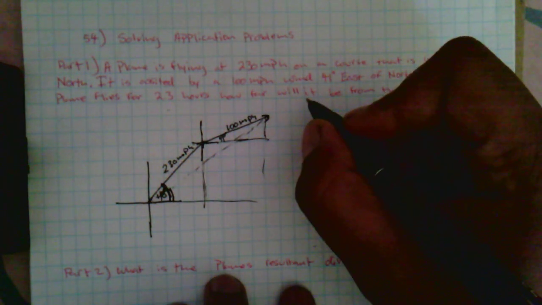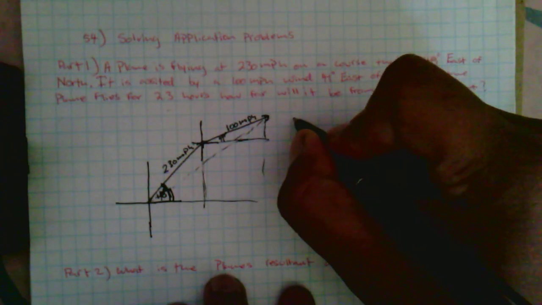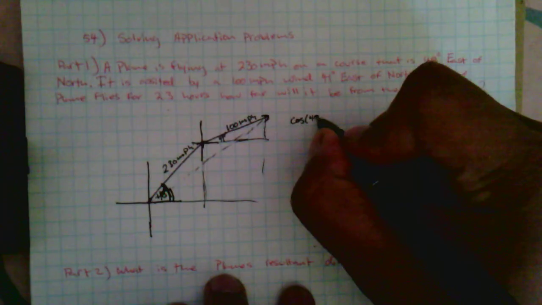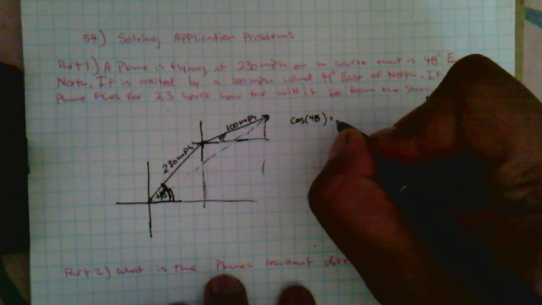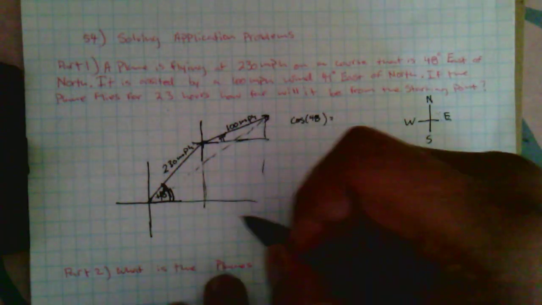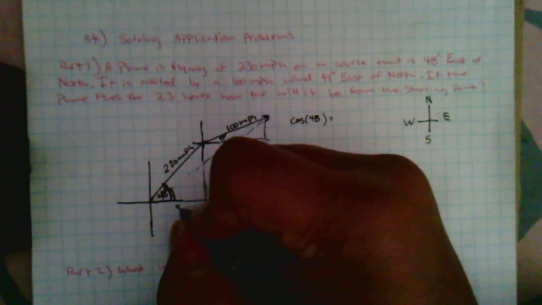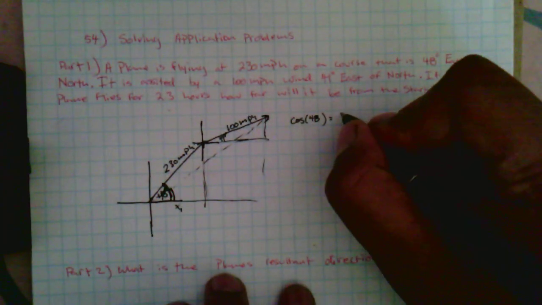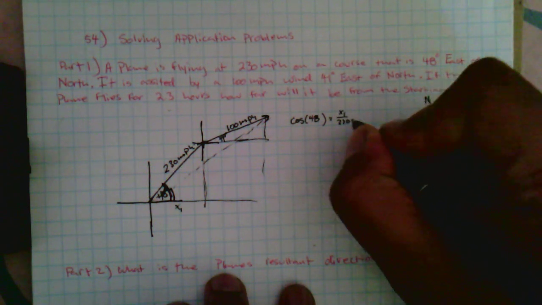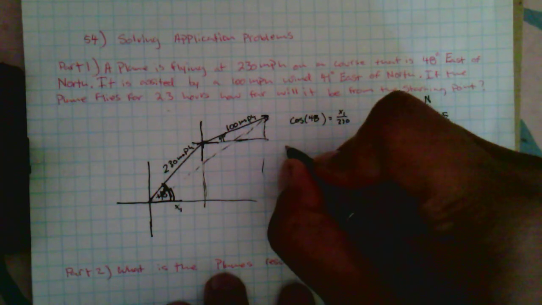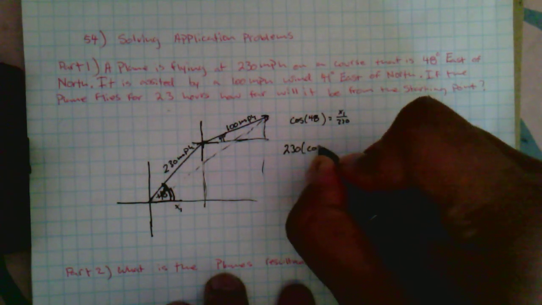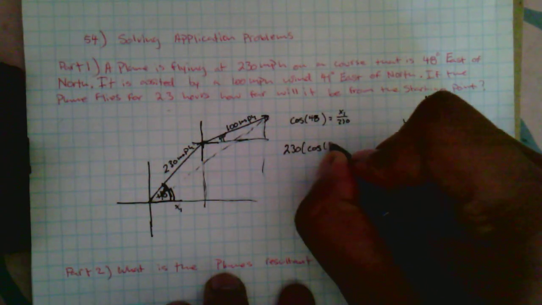So what we're going to do is cosine of 48 degrees. And that is going to equal our adjacent over our hypotenuse. And again, we don't know our adjacent, and I'll just call it x1. And that's what we want to find. So it's going to be x1 over our 230, which we're going to then change into a multiplication of 230 times cosine of 48 degrees.